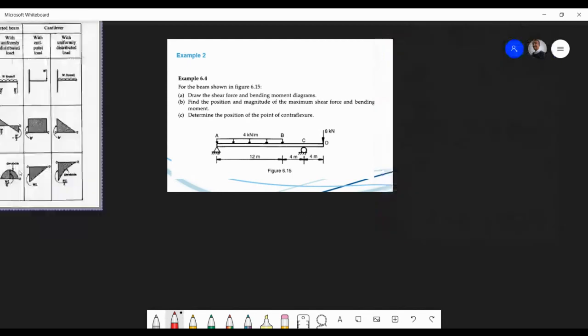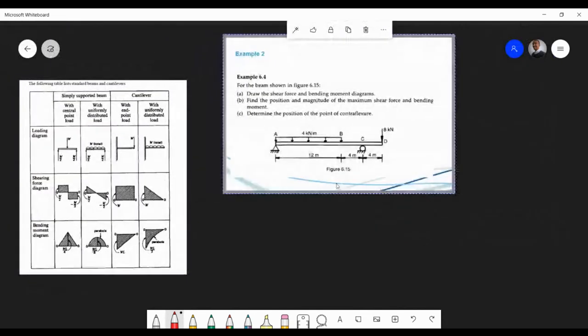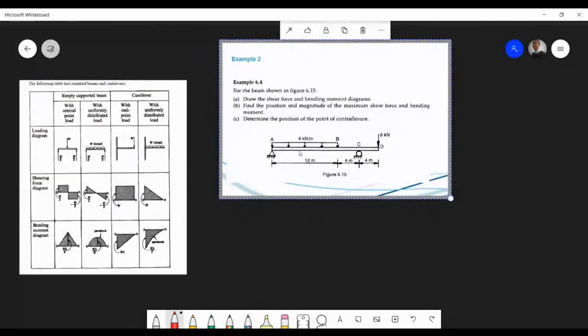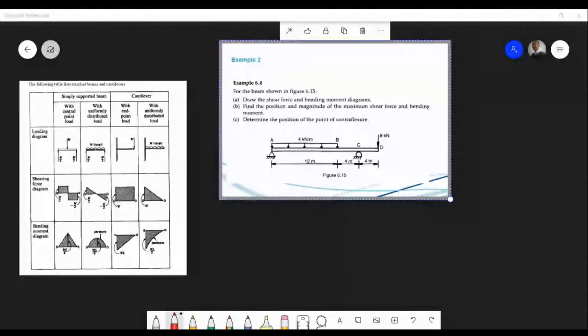So between A and B, our patterns will look something like this: two triangles, and a parabolic bending moment. Do we all get that? So be aware of the changing patterns. Students, are we all there?